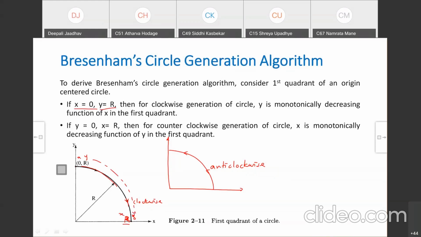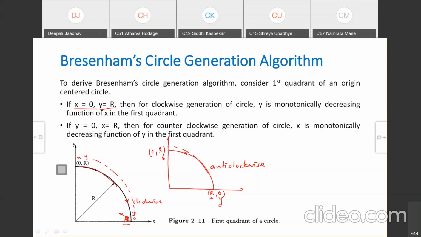In the second case, anticlockwise, it is opposite to that. Start from here. What is the value of x? r. And y? 0. So x is equal to r and y is equal to 0, and then decrease the value of x one by one according to the algorithm, and when it reaches here, y becomes r and x becomes 0, then the first quadrant circle generation is completed.